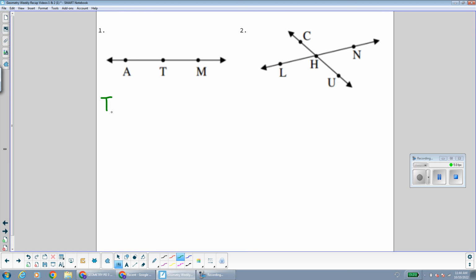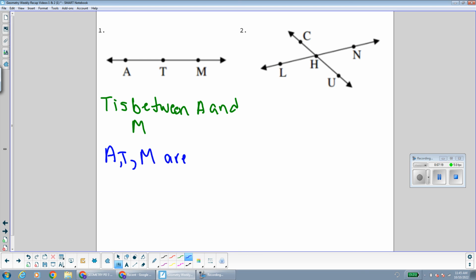Well, I know T is for sure between A and M. I don't know if it's exactly in the middle of points A and M, but I know it's definitely in between them. I also know that points A, T, and M are collinear. Notice how they are all on the same line.